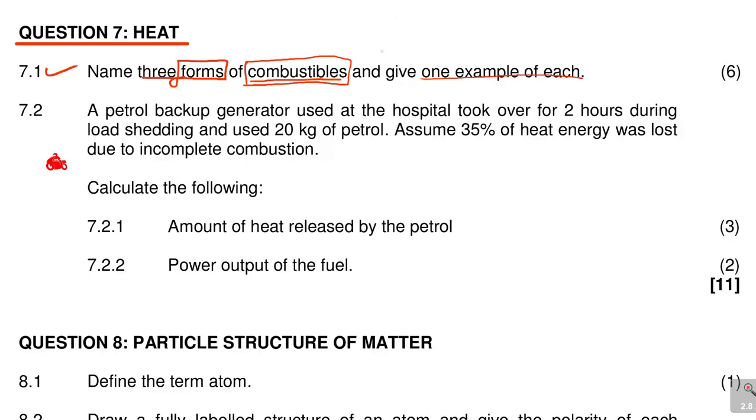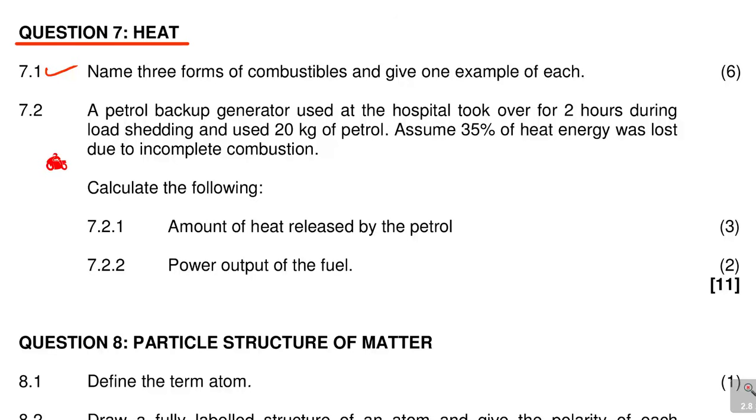It's always a question that they like asking, and this one is 6 marks. When you are naming them, you'll be given a mark, and when you give an example, you'll also be given a mark. So be careful how you answer this particular question.